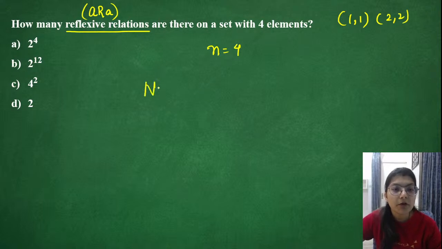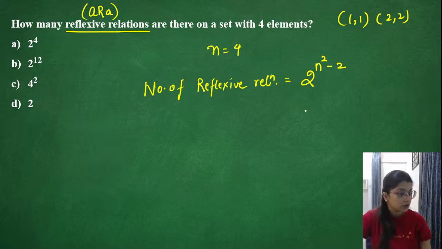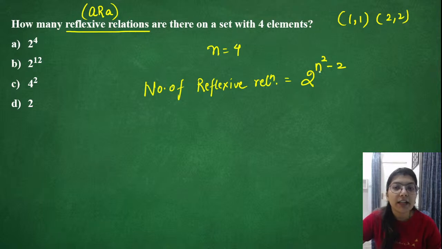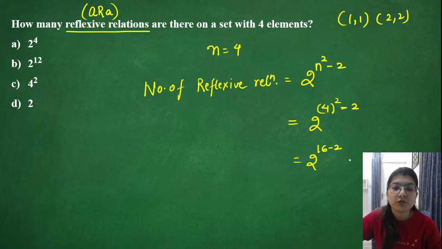The formula for the number of reflexive relations is 2 raised to power n square minus 2. So this will be 2 raised to power 4 square minus 2, that gives 2 raised to power 16 minus 2, that is 2 raised to power 14.